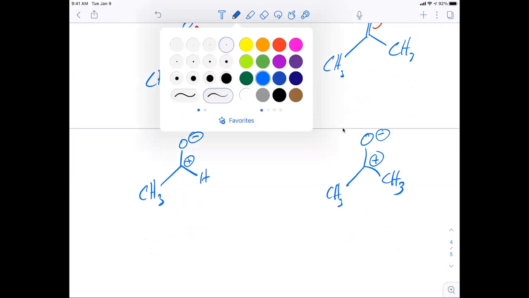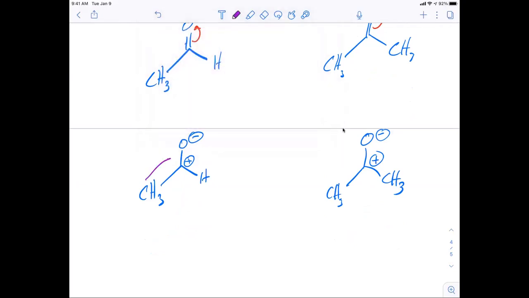And if we look at this one, we can get hyperconjugation from one side, right? So the carbon can donate electron density through the sp3 bond back to the positive. But in the ketone side, we could do that on two sides, right? So if we think about stability of a carbocation, this is a primary carbocation versus a secondary carbocation.